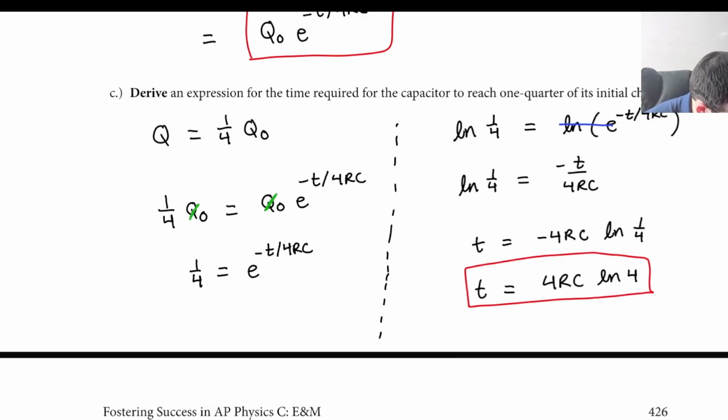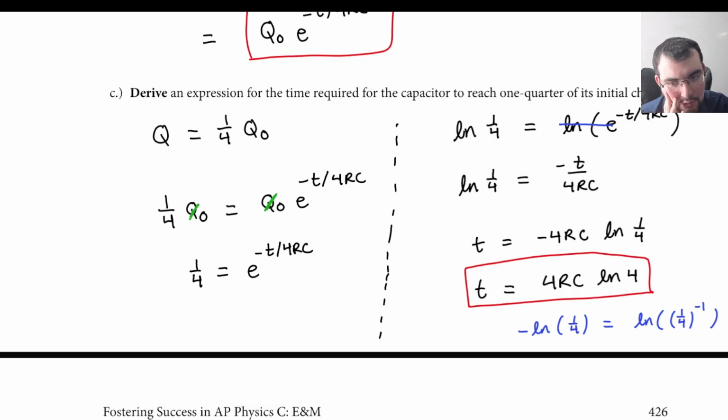Well, negative ln of 1/4 is the same thing as ln of 1/4 to the -1. And again, 1/4 to the -1 is flip the fraction, 4. That uses the power rule for logs.